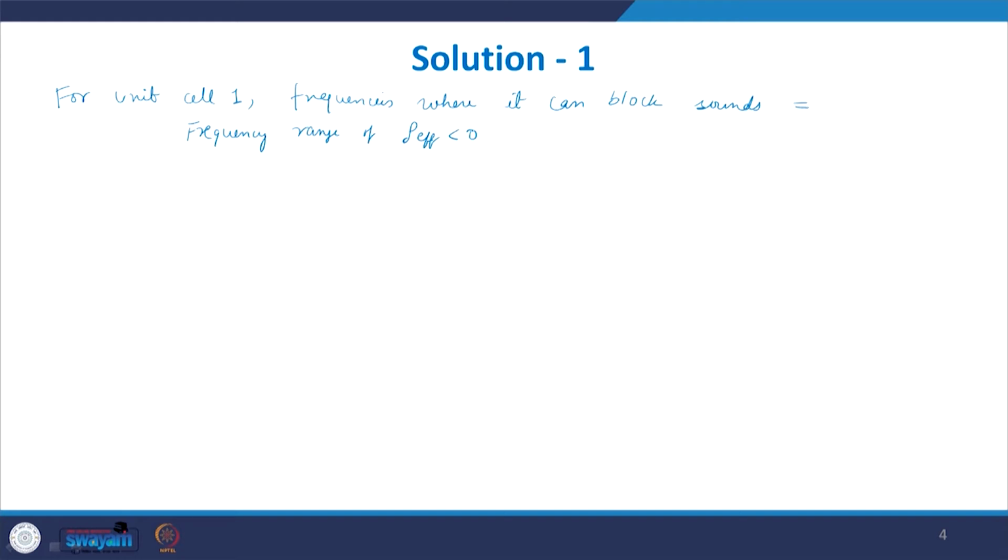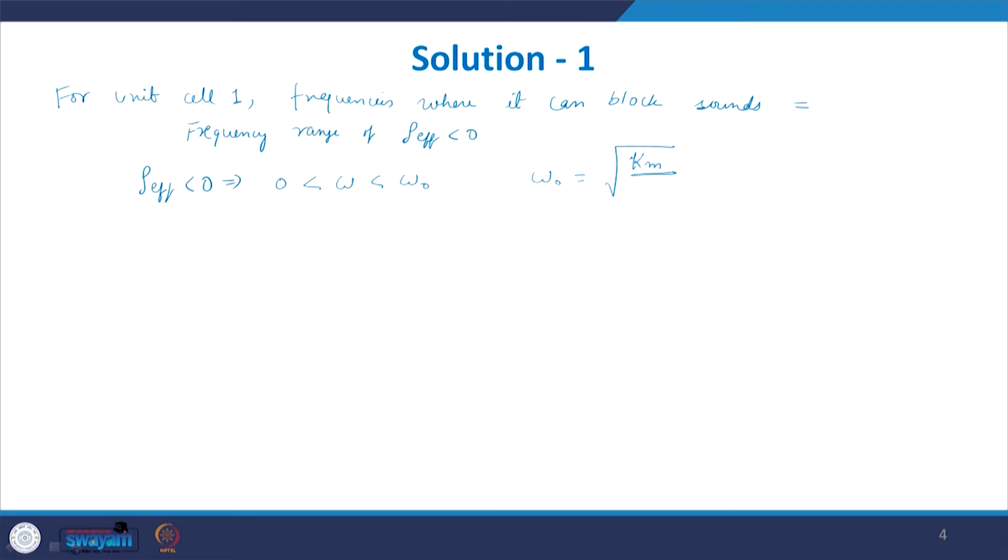We know that rho effective is negative. In the last few lectures we have studied that for the first type, where there is no mass attached, rho effective is negative where the angular frequency is between 0 and omega naught, where omega naught is the natural frequency of the unit cell, given by the effective stiffness of the membrane.